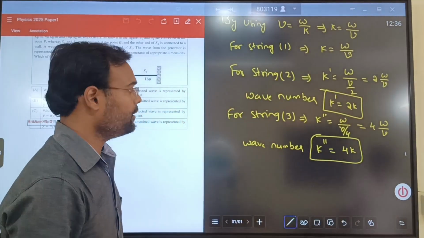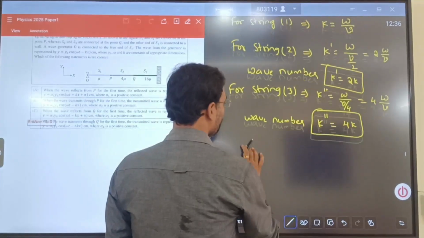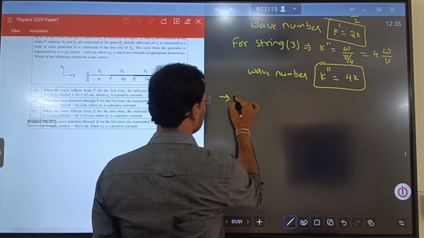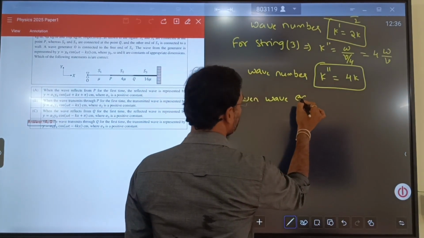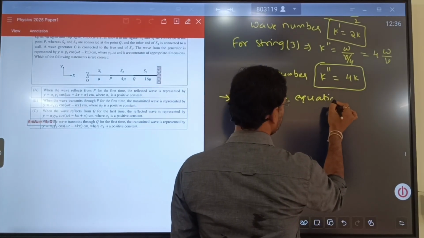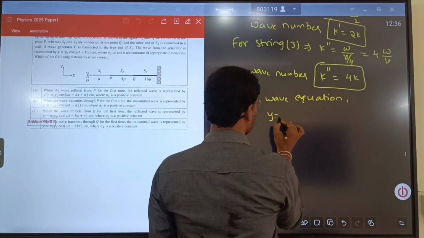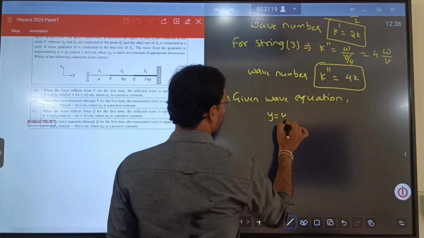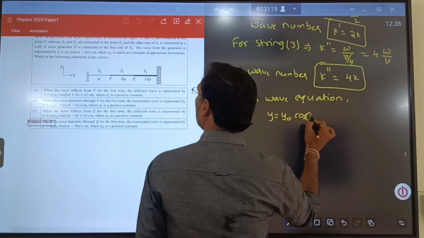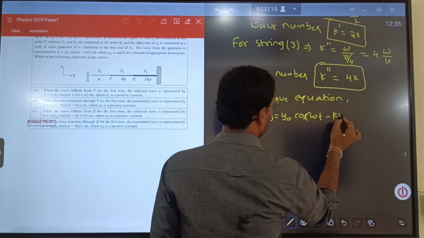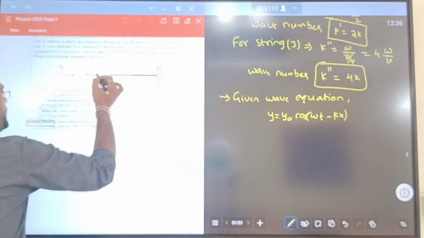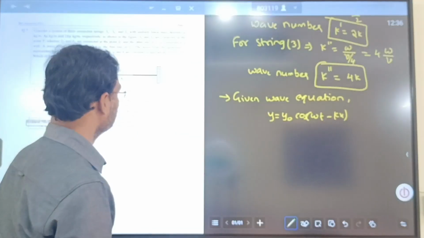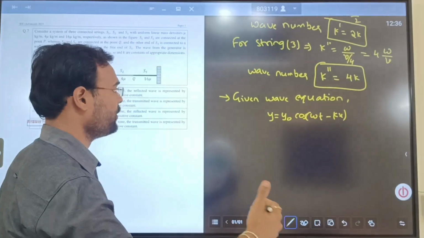Clear beta? Now, next point. See here, the given wave equation is y equals y naught cos(omega t minus kx). At point P it is getting reflection and transmission.